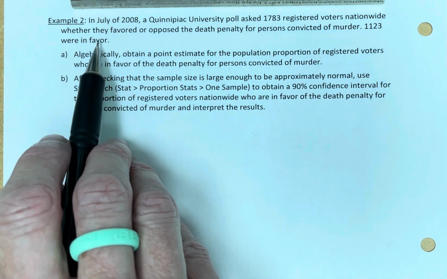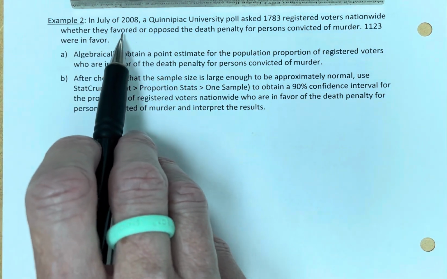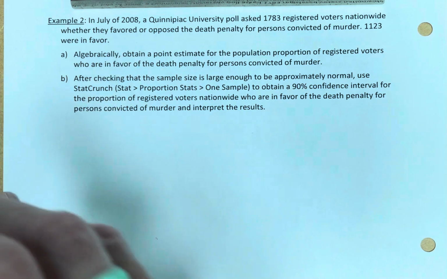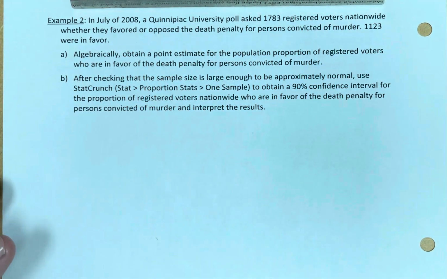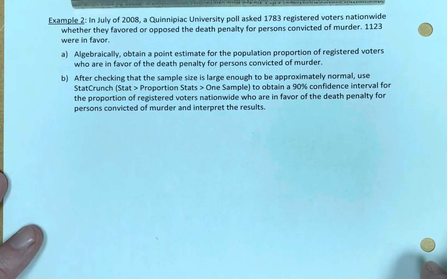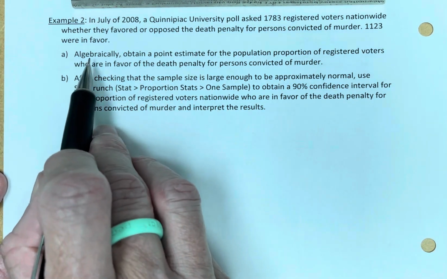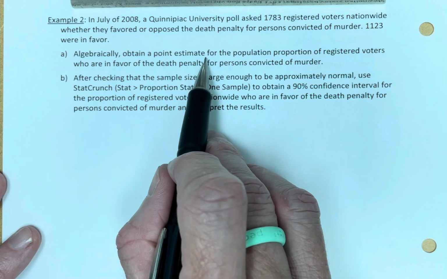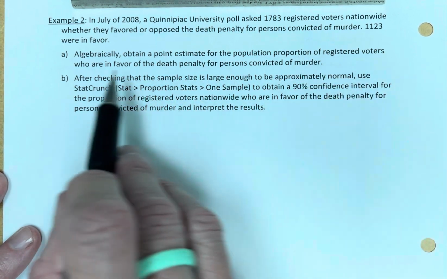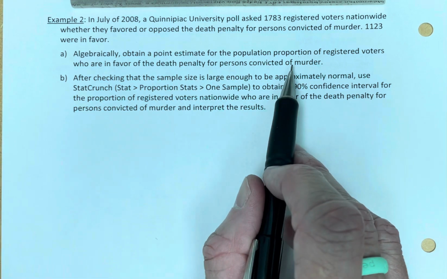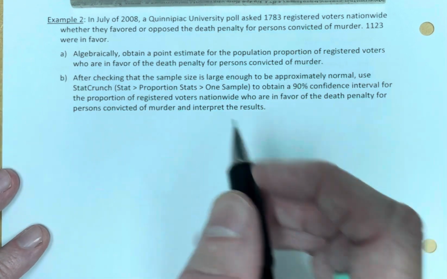So the success, in favor, is what we call success here: they were in favor of the death penalty for persons committing murder. Okay, letter A, algebraically obtain a point estimate for the population proportion of registered voters who are in favor of the death penalty for persons convicted of murder.